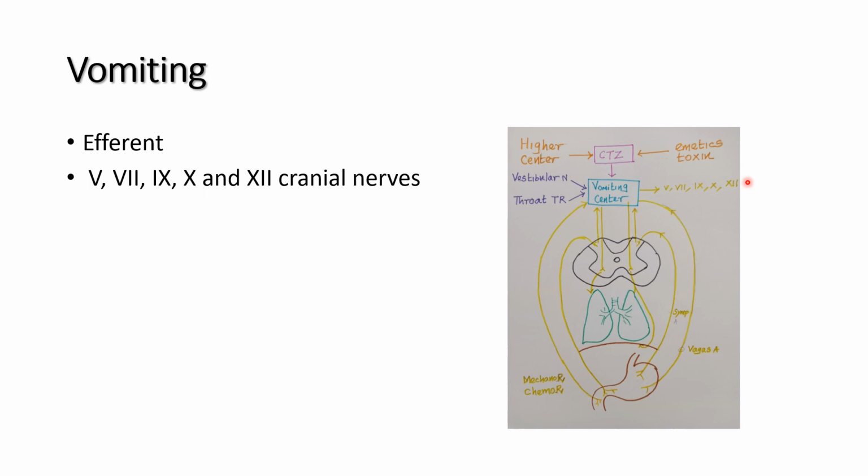These supply the abdominal, thoracic and oral muscles, and the stomach and duodenum. During the pre-ejection phase, retroperistalsis and reverse peristalsis occur in the stomach, with increased salivation and a feeling of nausea.